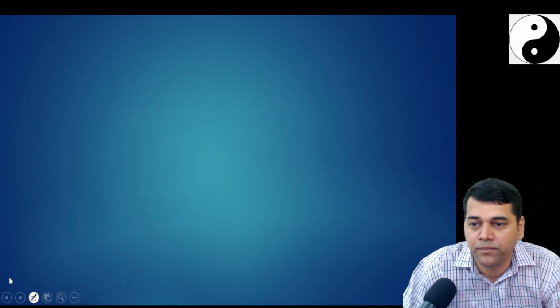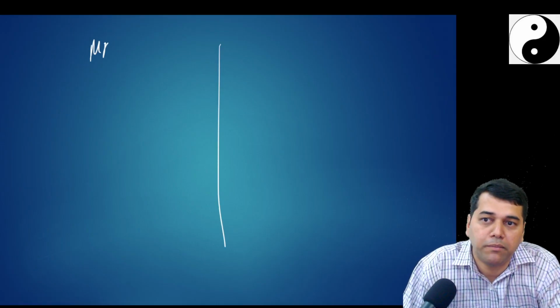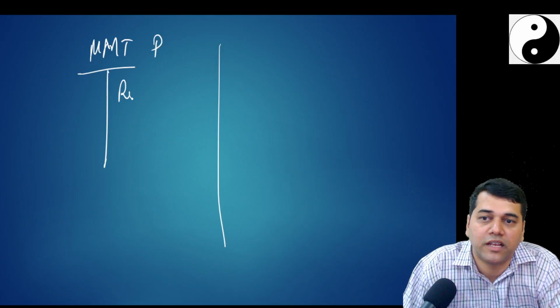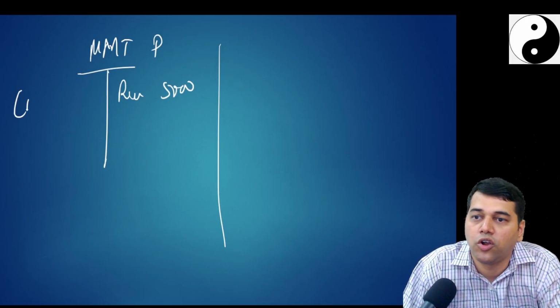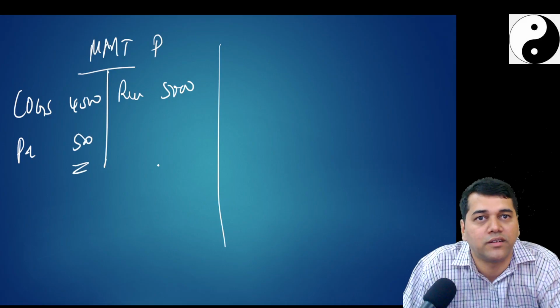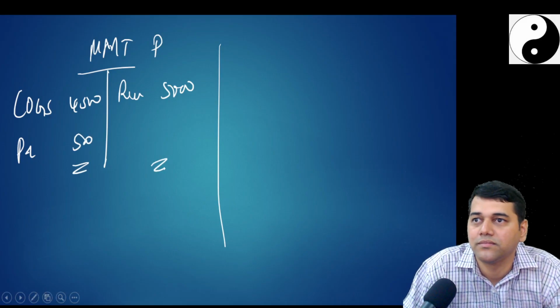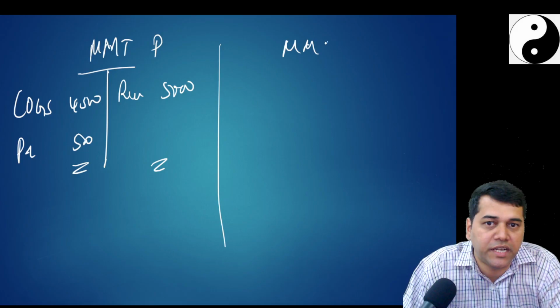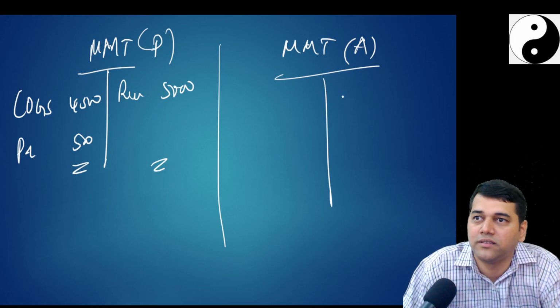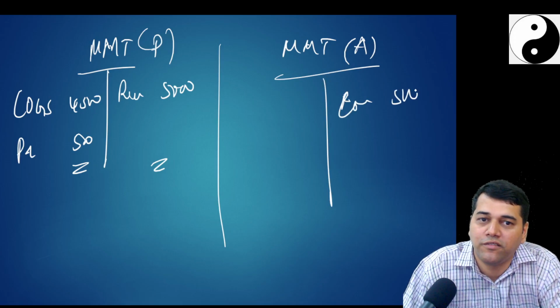If Make My Trip is a principal, the P&L will come like this: revenue 5,000, COGS 4,500, profit 500. If Make My Trip is an agent, the P&L will come like this: commission 500, profit 500.